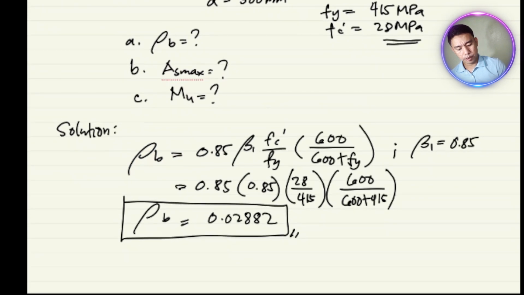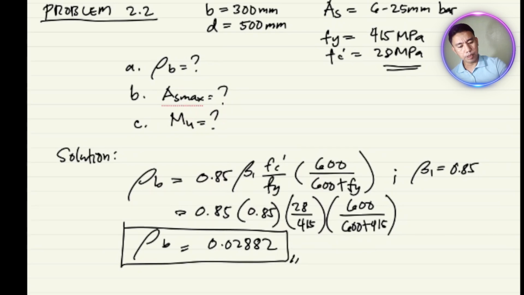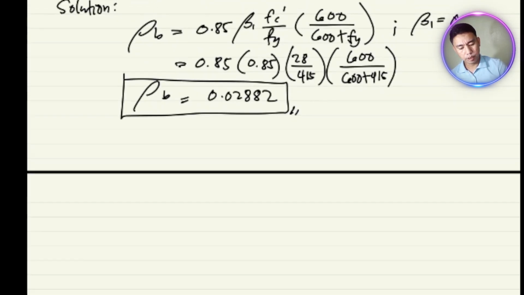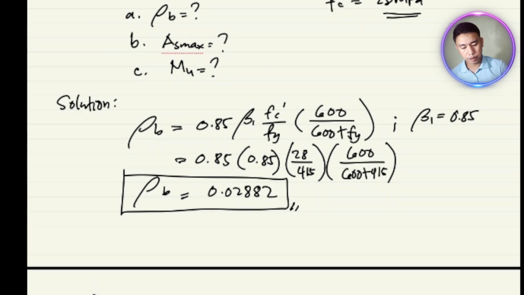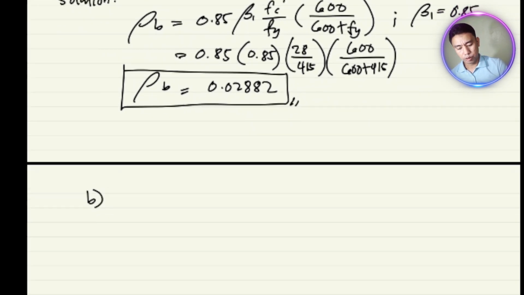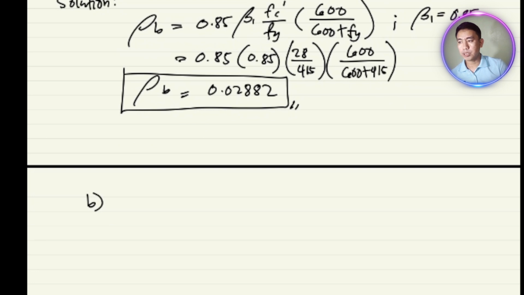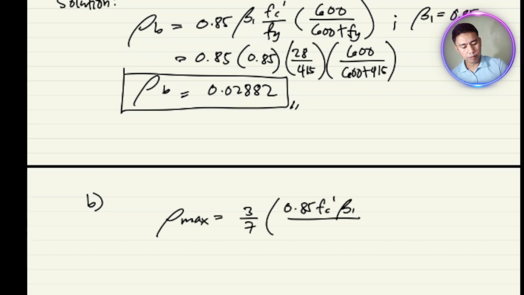Okay. Next is letter B. Our letter B problem is AS max. So to solve for AS max, we can solve the rho max. We have derived the formula for rho max also. 3 over 7 times 0.85 Fc prime beta 1 over Fy.